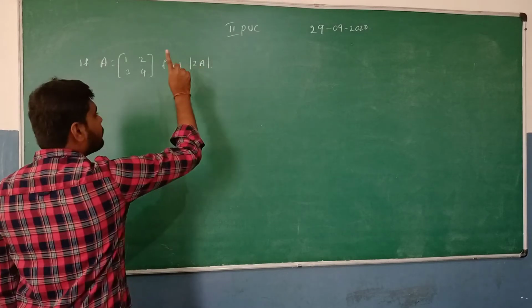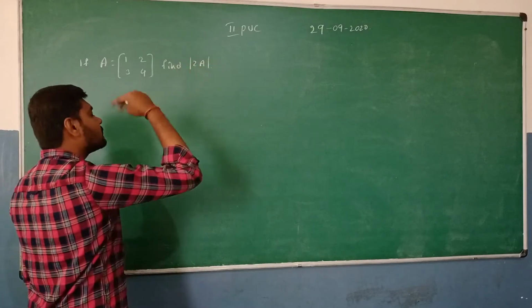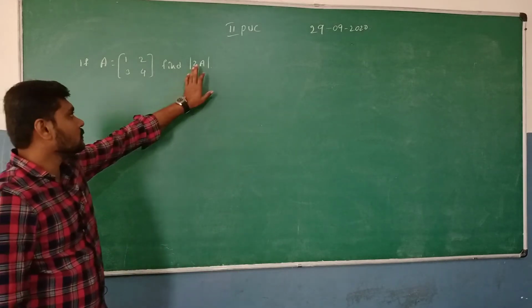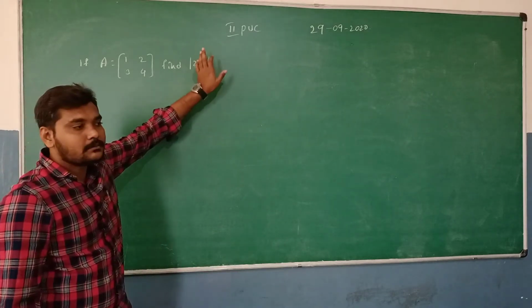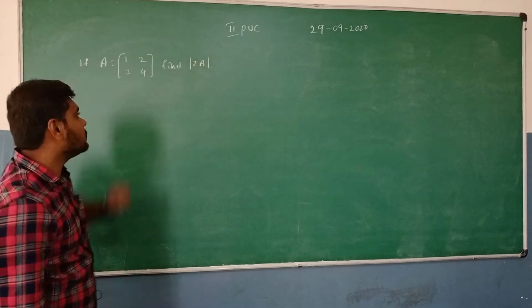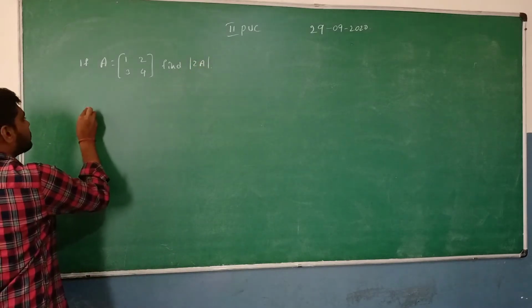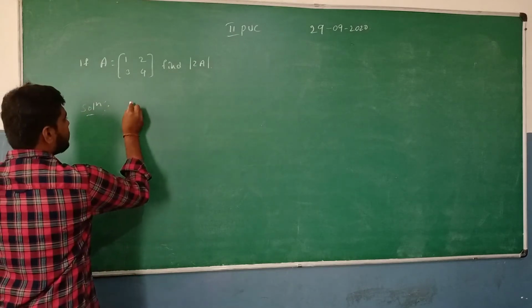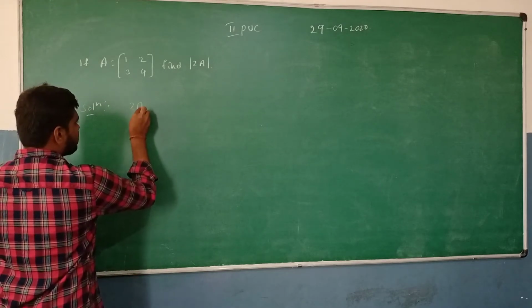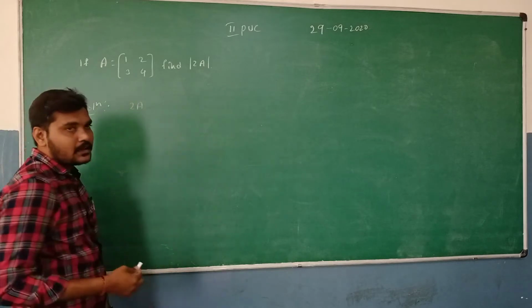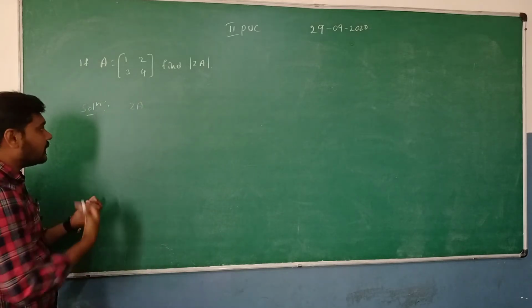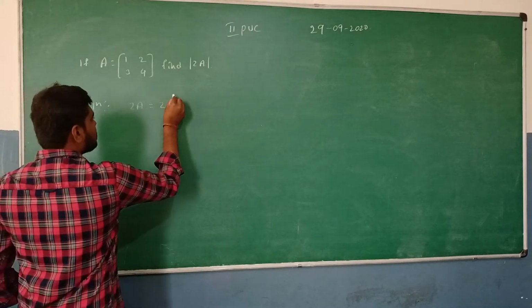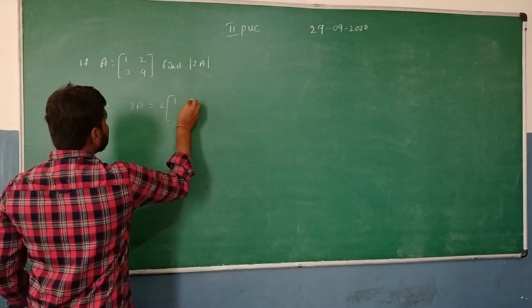First we need to find 2A, which means we need to multiply 2 with the matrix A. So 2A is 2 into the matrix 1, 2, 3, 4.